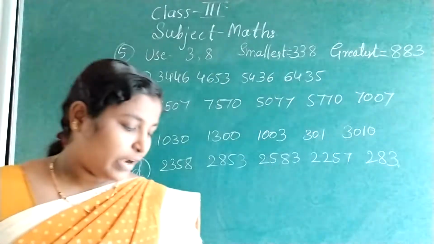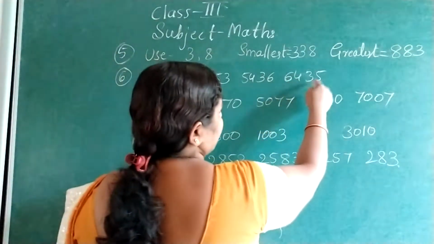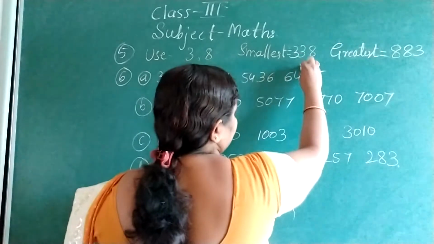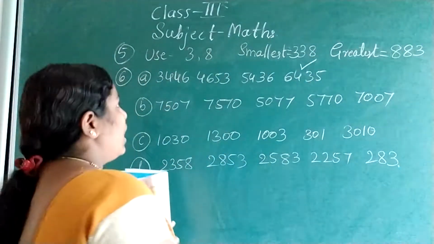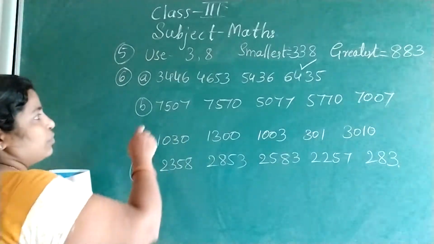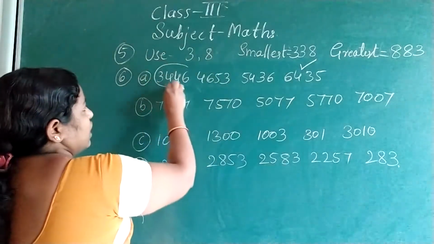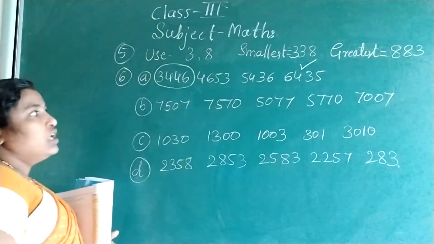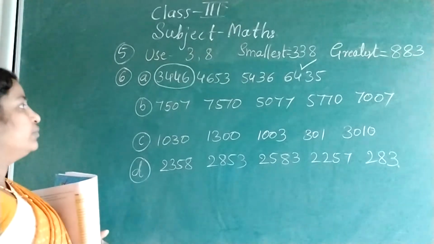So which is the greatest number? 6,435 is the greatest number. So tick it. Encircle the smallest number. 3,446 is the smallest number.